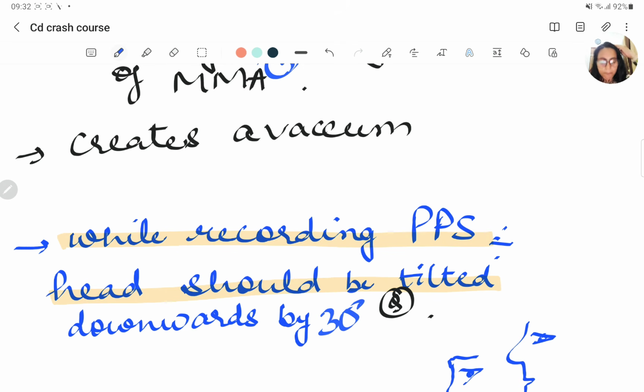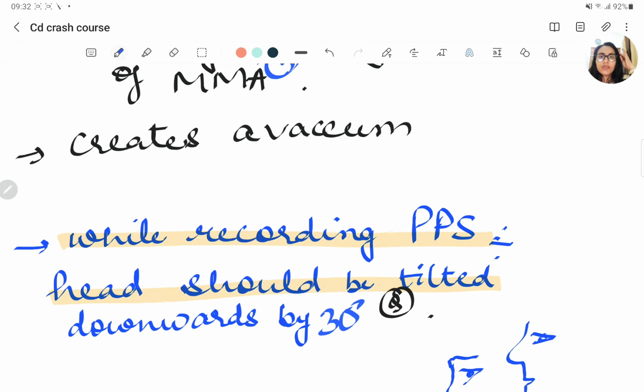You slightly bend your head downward and then you eat. We want to record this PPS so that when the person is eating, the food is not going posteriorly inside, right? For that purpose, we tilt the patient's head 30 degrees downward so that this mimics the position of the patient when eating.